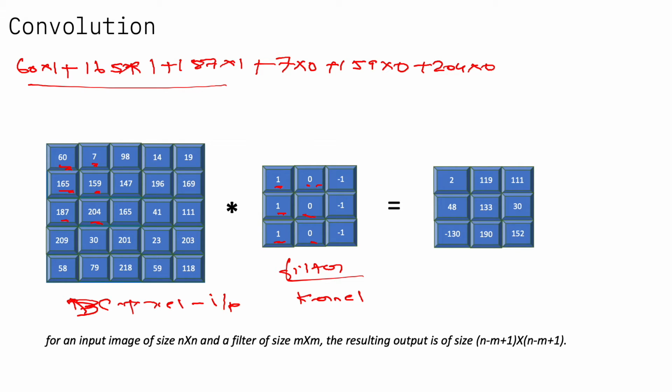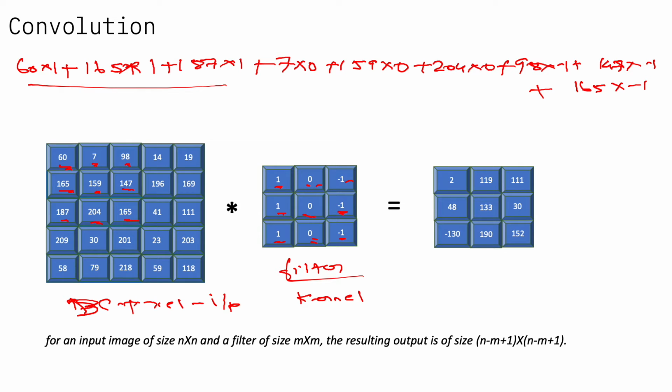Now we'll move on to the next column with minus ones, which would be 98 times minus 1, 147 times minus 1, 165 times minus 1. So that would be 98 times minus 1 plus 147 times minus 1 plus 165 times minus 1.